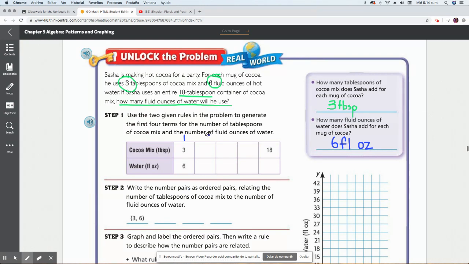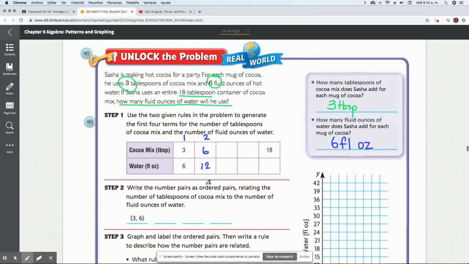For the second mug, how many tablespoons does she need, and how many fluid ounces? So what will happen to these numbers if I add one more mug? Okay, 2 mugs. For 1 mug, she needs 3 and 6. What about 2? For 2 mugs, she will need 6 tablespoons and 12 fluid ounces.